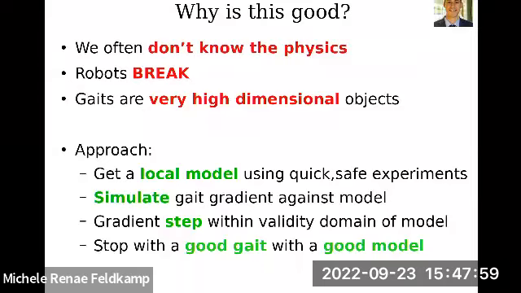But if we can get a good local model of the physics, a local model within that tube, we can simulate how changes of the gait would work against the model. Now we're not doing a robot experiment. We won't break our robot. And we can optimize whatever we want to optimize in the behavior of the robot and keep doing this until we have a good gait with a good model.